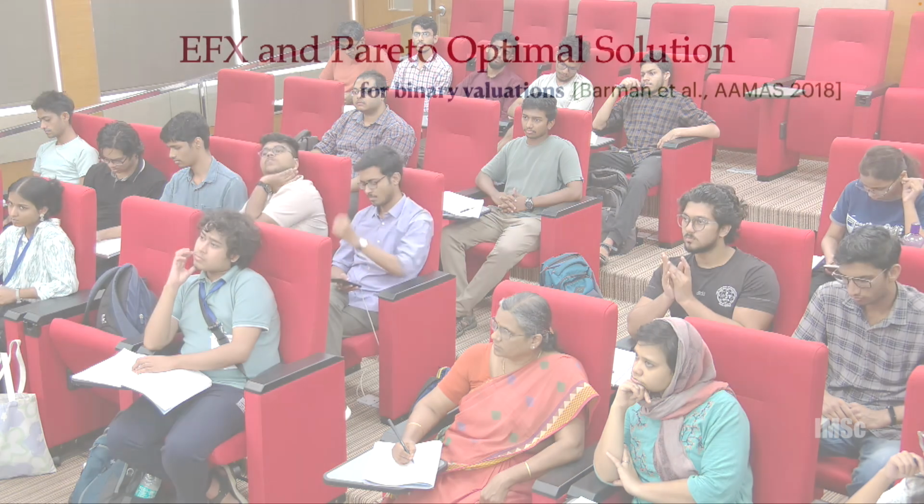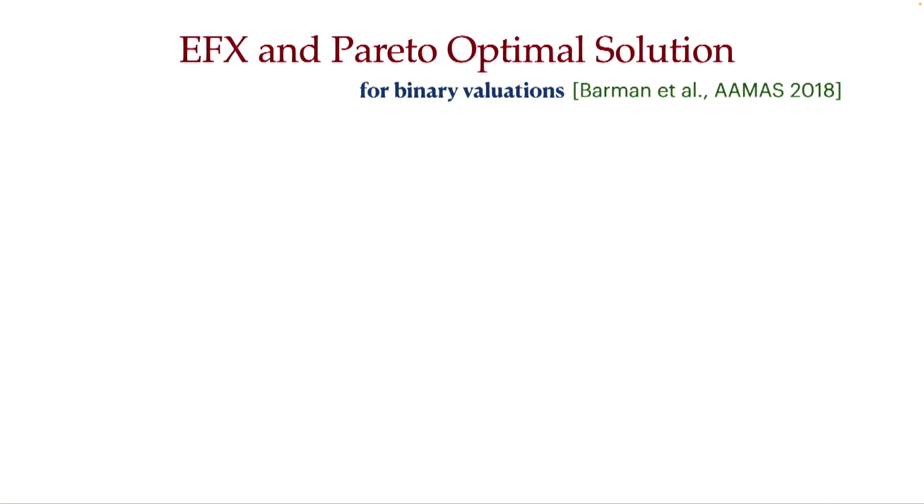The result was for the additive valuation setting, right? So you can give valuations to every item. Okay. So EFX and Pareto optimal for binary valuations, we can compute in polynomial time.